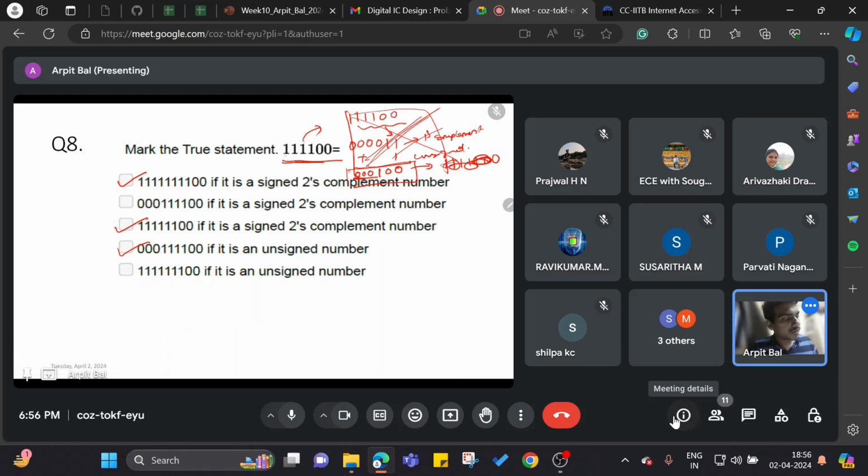Basically we have this number, and the direct signed 2's complement representation is available here. If it is an unsigned number, then you can just pad zeros. It's like if you have 1 1 in unsigned form, it is equivalent to 0 0 1 1.